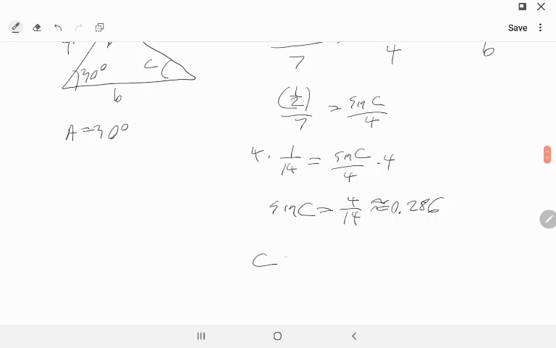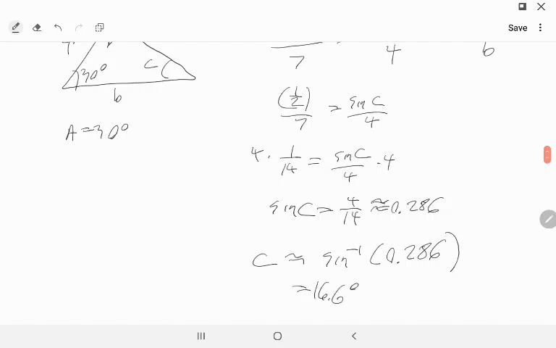C should be approximately equal to the inverse sine of 0.286, which gives us 16.6 degrees.